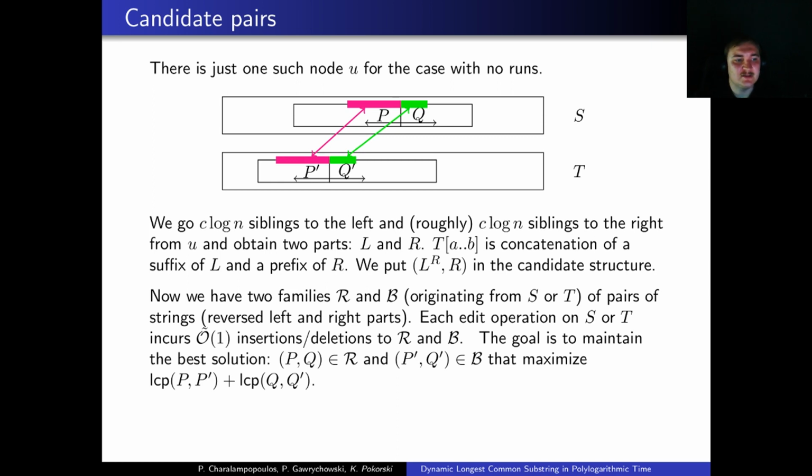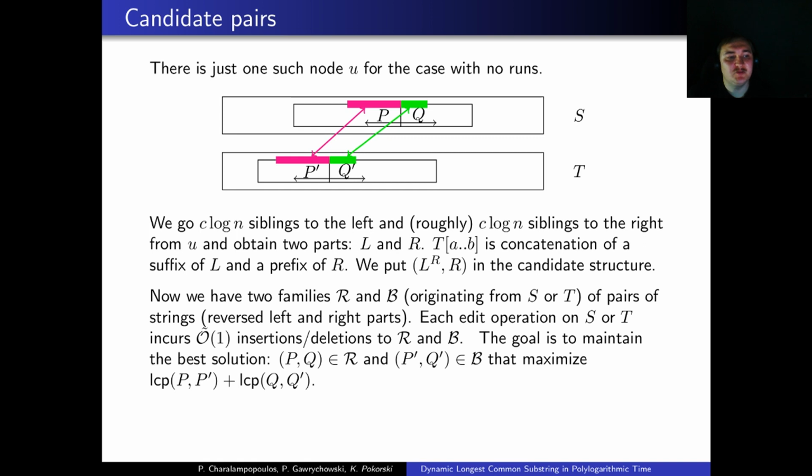So the goal is that we have two families of pairs of strings, red part and blue part, depending on whether these strings come from S or from T. And a pair of strings means the reversed left part and the right part of a string coming from an anchor.